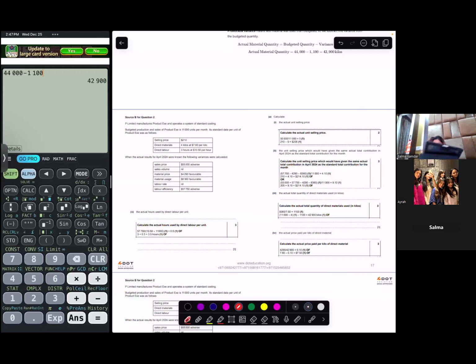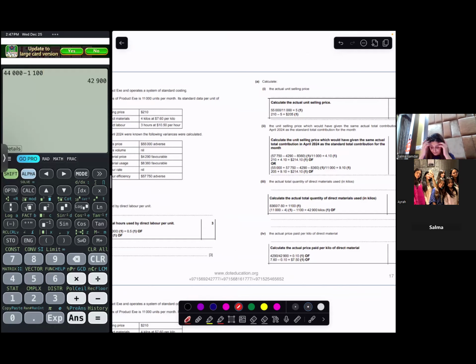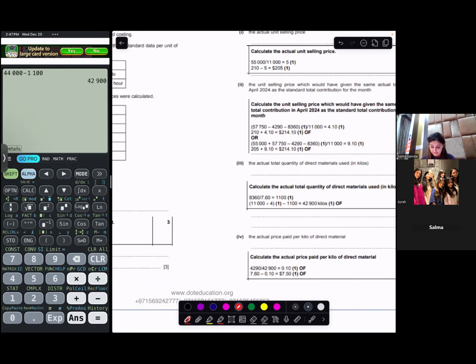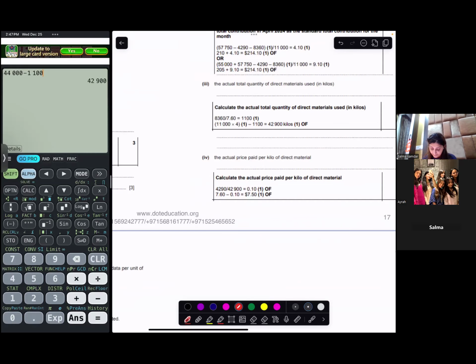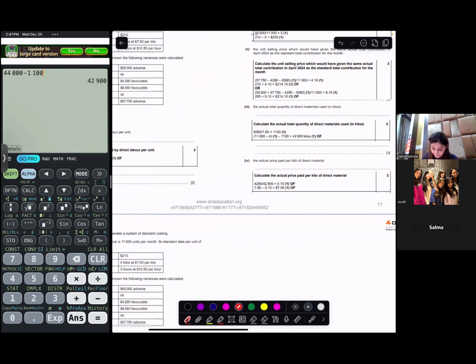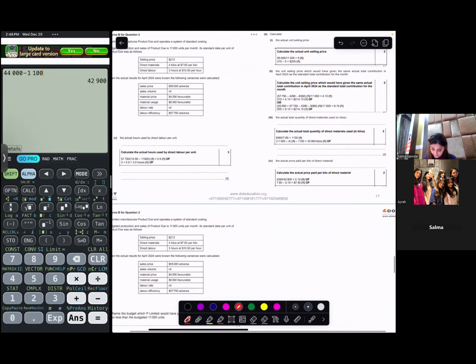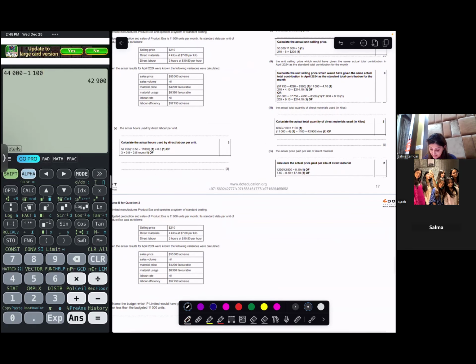Explain the fourth one. You have to find the actual price paid per kilo of direct material. You have the standard rate, which is 7.6, and you have the material price variance, 4,290. What is the formula?